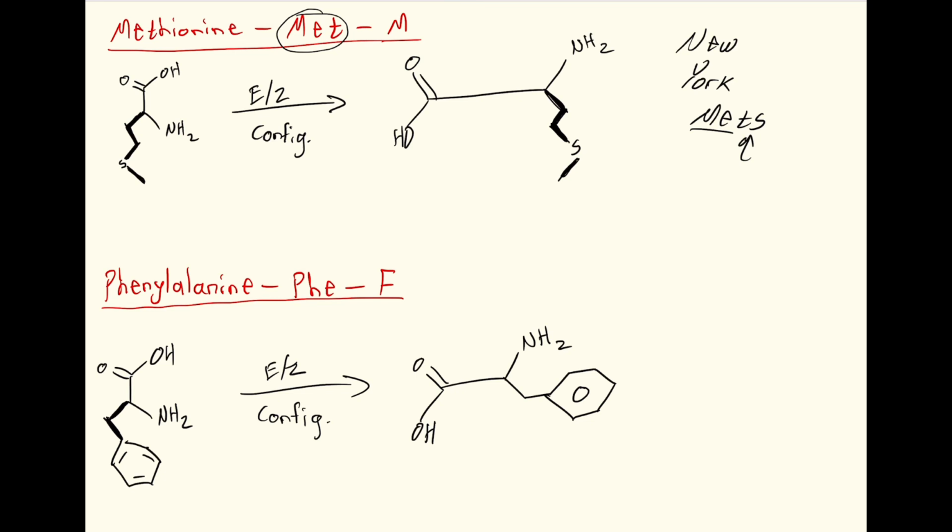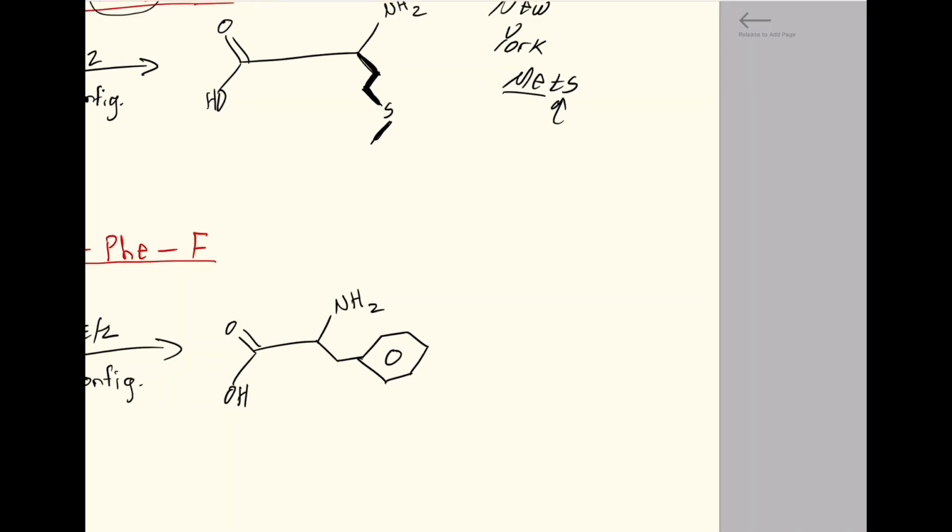There we go. So the circle means that the double bonds can go on either side of the ring. That's how I was taught in OChem. So there you go. Alrighty, so that's phenylalanine.